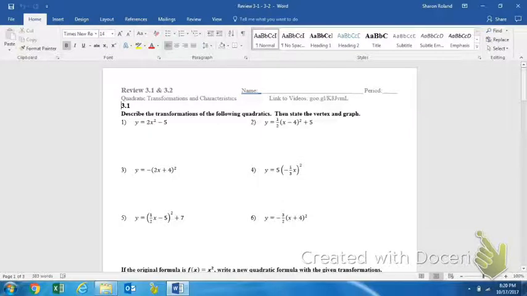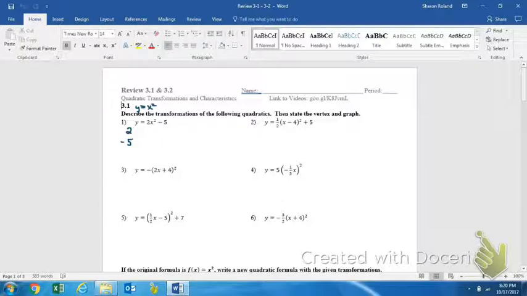Hello, if we're going to describe the transformation of these quadratics, you have to recognize what's changed. So we're going from the parent function, which is y equals x squared. The only thing that's changed here is you have a 2 in the front and you have a negative 5 at the back.